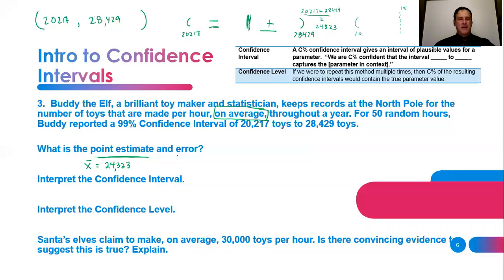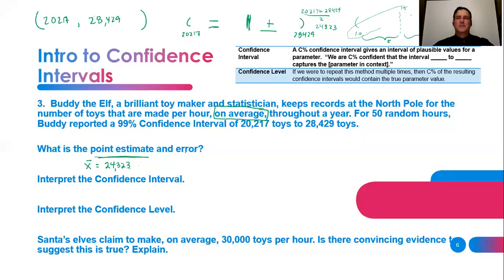And then remember, the error is the distance from your point estimate to either the maximum value or your minimum value. If I'm looking at 15 here and I need to go to 20, and I'm asking what's this distance, most people in their head could say that distance is 5, just like the distance to the outside was also 5. If I ask students what operation they used to get 5, most would say they subtracted these two.